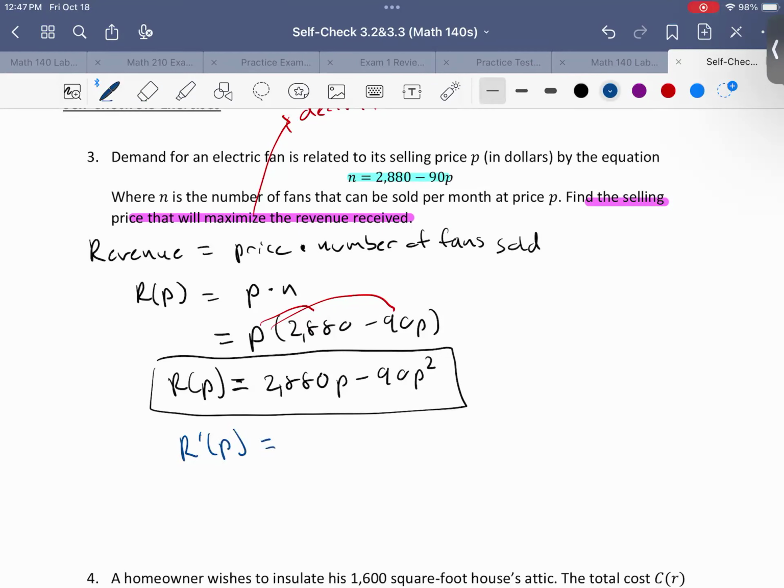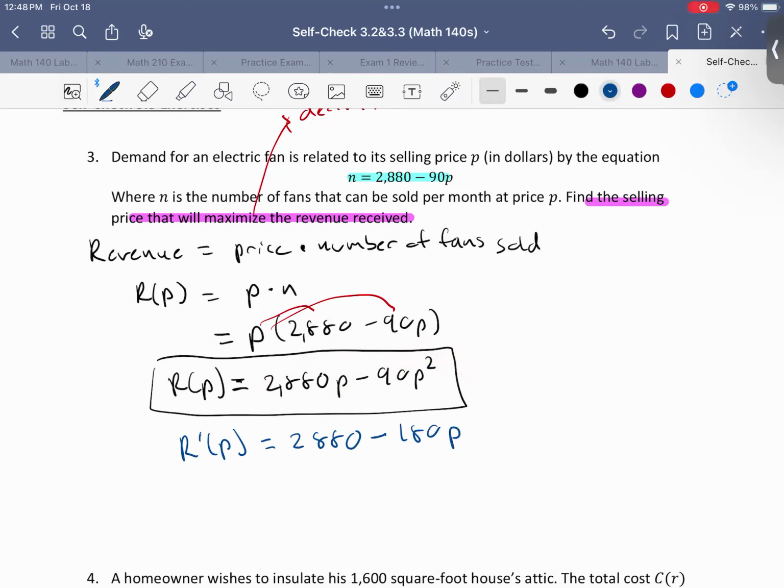I need to find the derivative of this as a function of P, our selling price, right? That's what we're trying to find. So that means if I take a derivative of this, the P just goes away, right? We just drop it. So it'd be 2,880 minus, this guy goes down, we subtract 1 from the exponent, minus 180P.